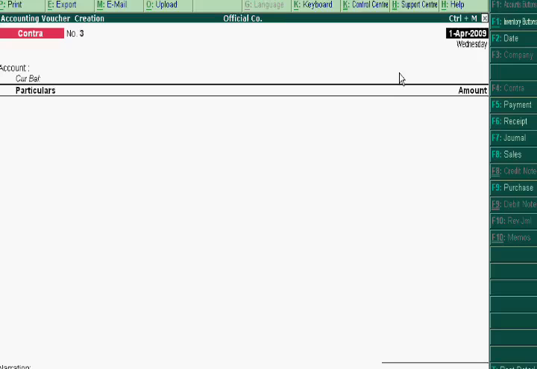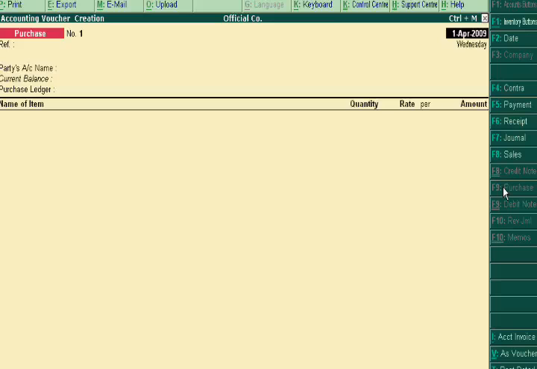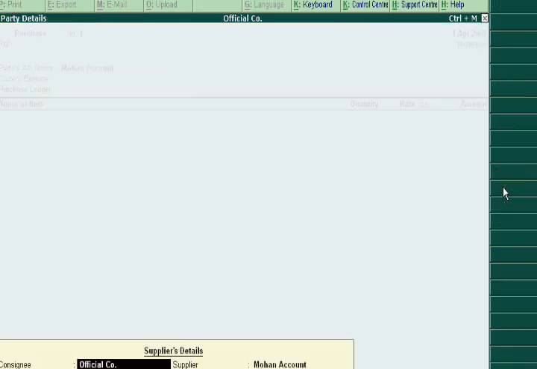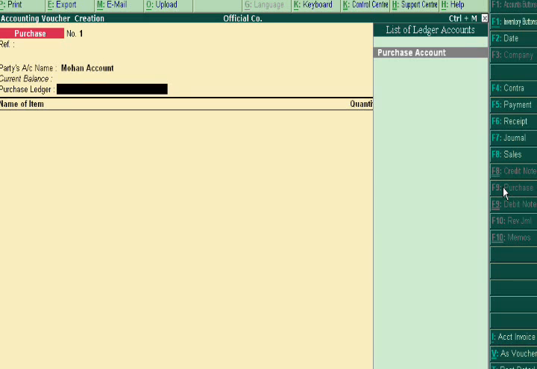Now we are passing simple voucher entries of purchase and sale. Suppose we bought goods of 1000 from Mohan, because these are goods which we bought on credit, not cash.